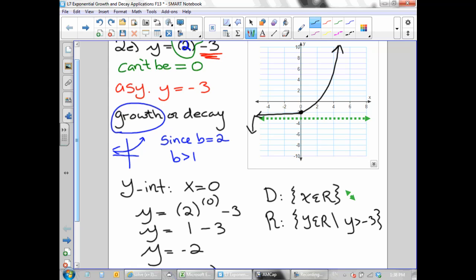This thing is always increasing. Always. Look left to right. You read it left to right. You follow the y values as you go left to right. And if you can imagine every y value, it keeps increasing, increasing, increasing. Okay?